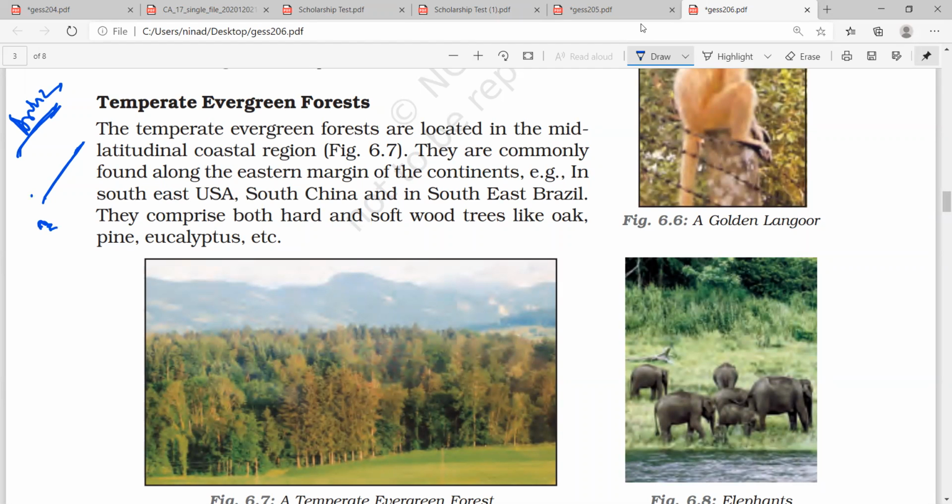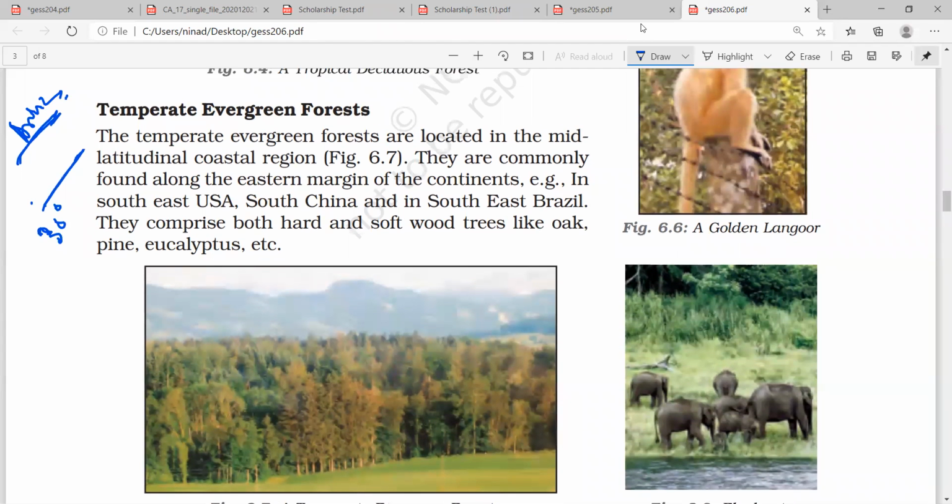That means approximately 30 to 60 or 66 degrees. That belt you call the temperate zone, that means the cooler zone, which has 4 seasons.